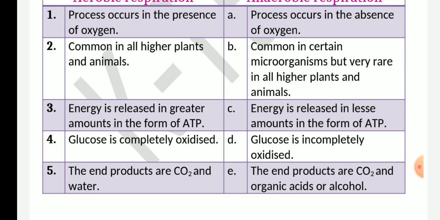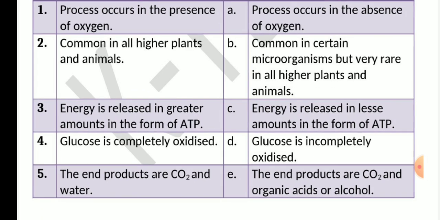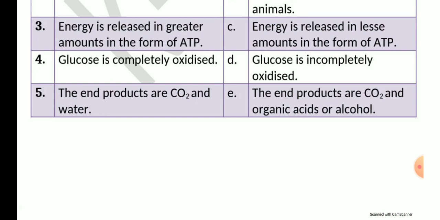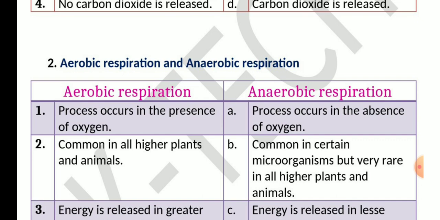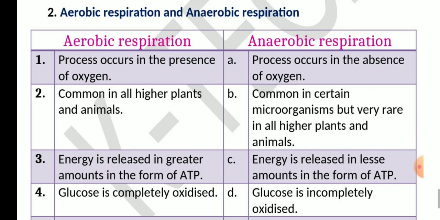Fourth point, in aerobic respiration, glucose is completely oxidized, and in anaerobic respiration, glucose is incompletely oxidized. The end products in aerobic respiration are CO2 and water, and the end products in anaerobic respiration are CO2, organic acids and alcohol. So these were the differences between aerobic and anaerobic respiration.